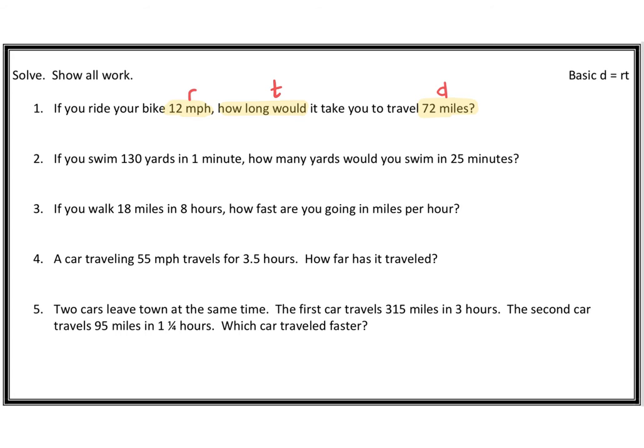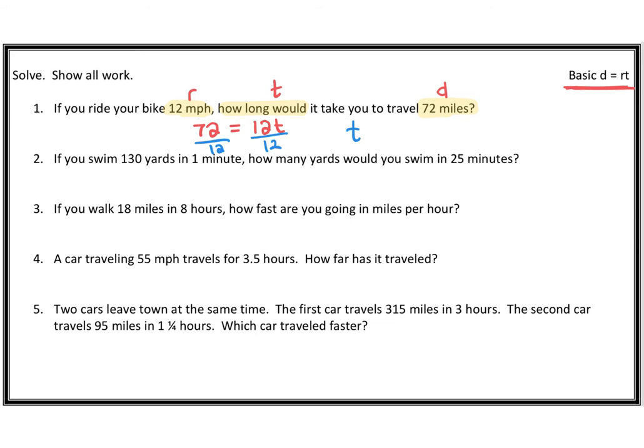So we are going to use the formula right here. Distance equals rate times time. We will set this problem up just like that. How do I solve for this one? Divide. So what is 72 divided by 12?